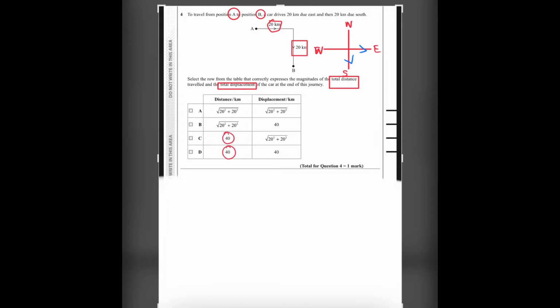So displacement is the shortest way between 2 points. So the shortest way will be this, A to B. So this we can find by the Pythagorean principle, which is, if we have a right-angled triangle like this, this is the hypotenuse, and if we consider these two lengths as a and b, we can write this as h squared equals a squared plus b squared.